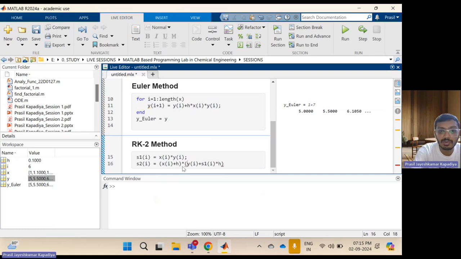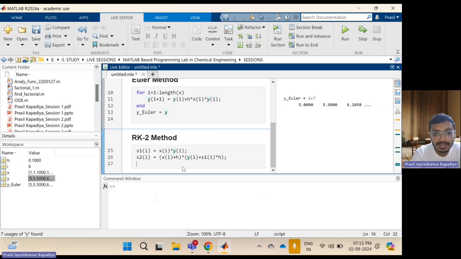So this is my S2 term. Now my S is equal to this S1 plus S2, whole term divided by 2. This is my S.